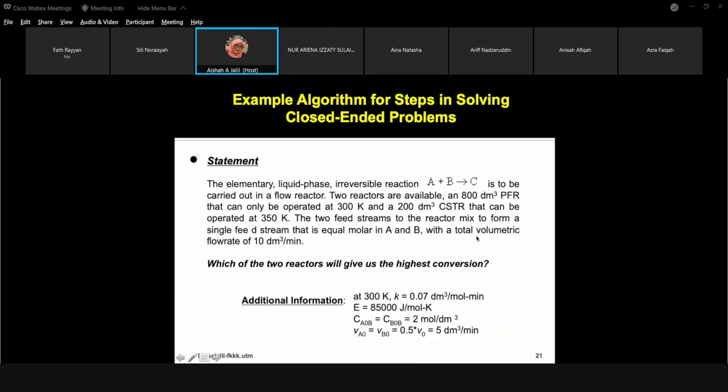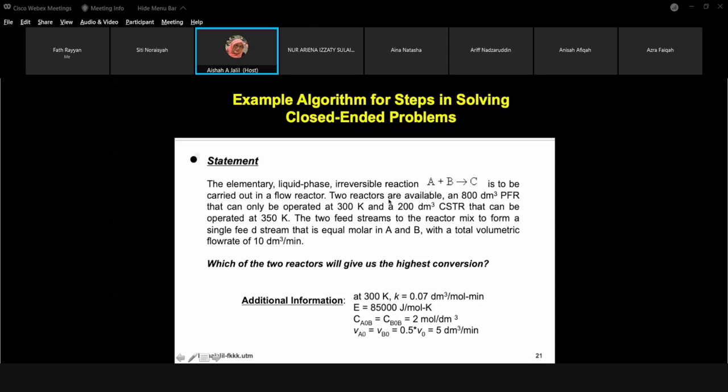Okay, this is another example. Algorithm for steps in solving closed-ended problems. This is quite complicated. Okay, the elementary liquid phase. You are lucky if you get liquid phase. Okay, the irreversible reaction A plus B to C is to be carried out in a flow reactor.